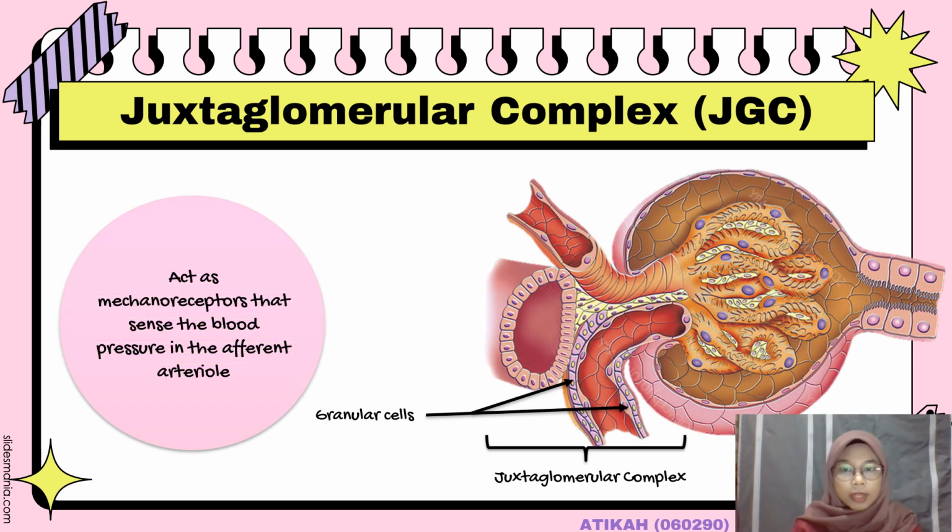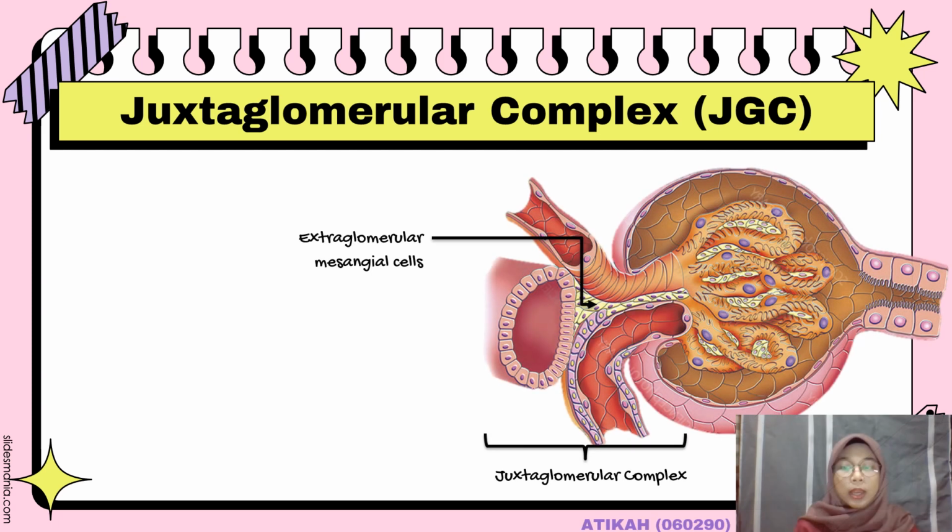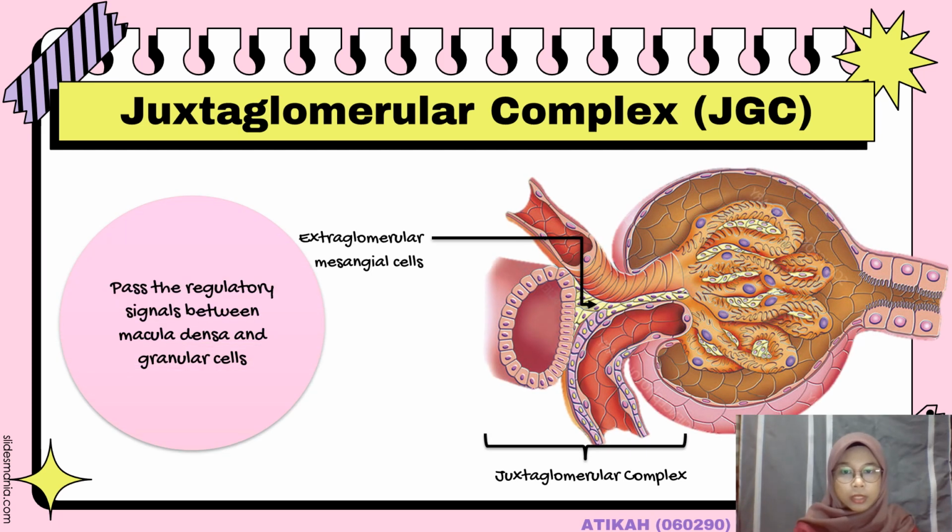Granular cells act as mechanoreceptors that sense the blood pressure in the afferent arteriole. Extraglomerular mesangial cells may pass the regulatory signals between macula densa and granular cells.